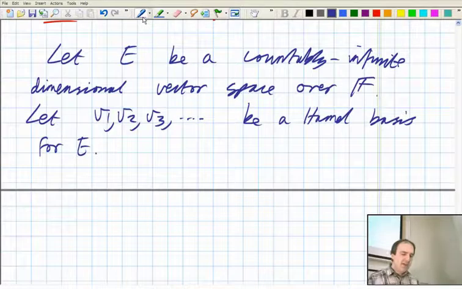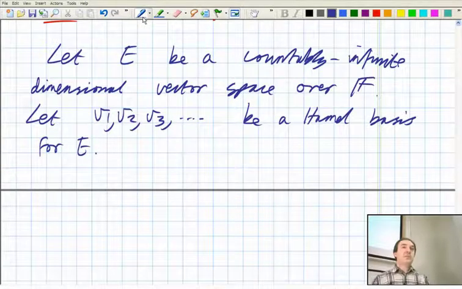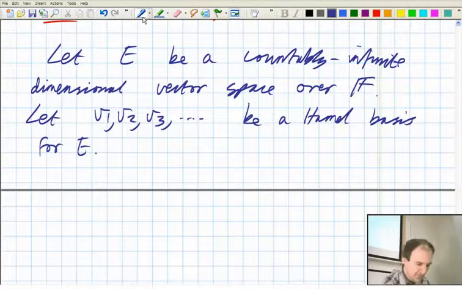So what's happening here? Every element of E is some finite linear combination of some of these things in this Hamel basis. Not an infinite sum of them, but some finite linear combination of them. That's what a Hamel basis gives you.